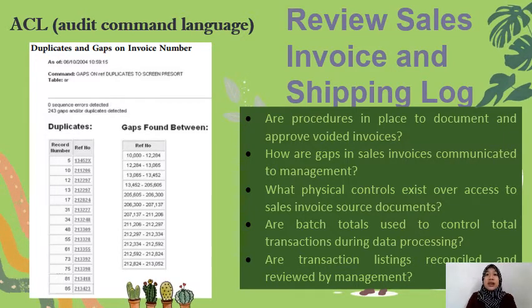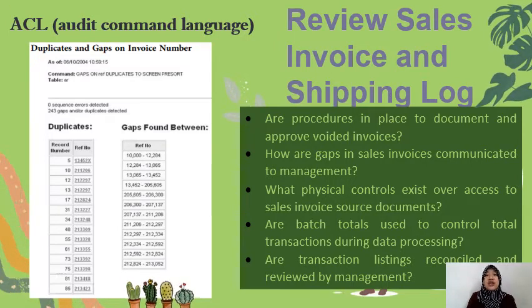Using this feature, the auditor can scan the invoice number field of all records in the sales invoice file. In the given example, the partial report shows that there are 243 records in the sales invoice file that are either duplicated or missing.